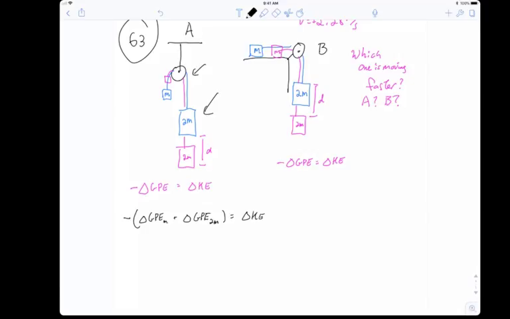In this case, the first mass's height doesn't change, so its gravitational potential energy doesn't change at all. Okay. So let's multiply by the minus sign.